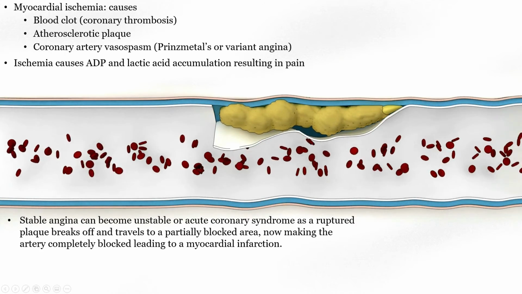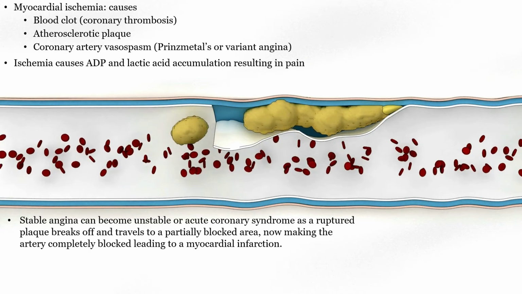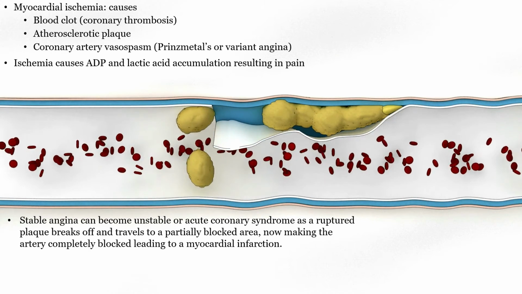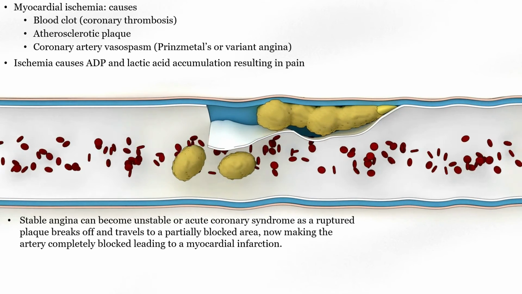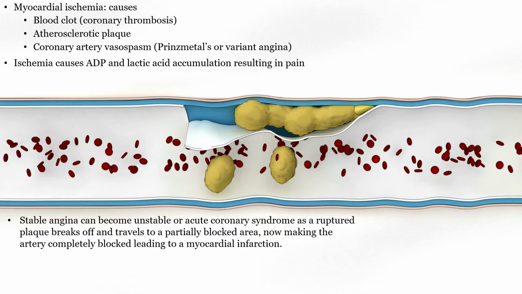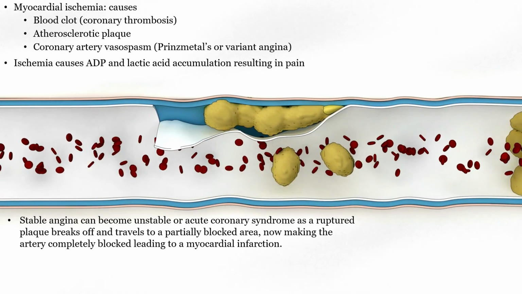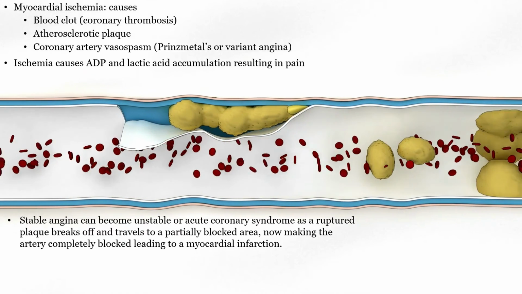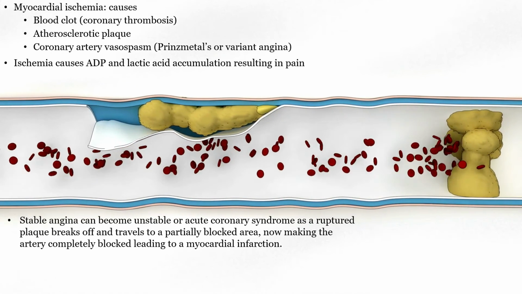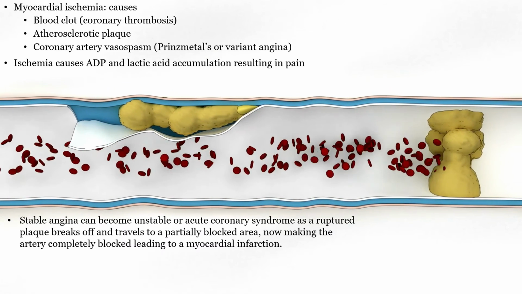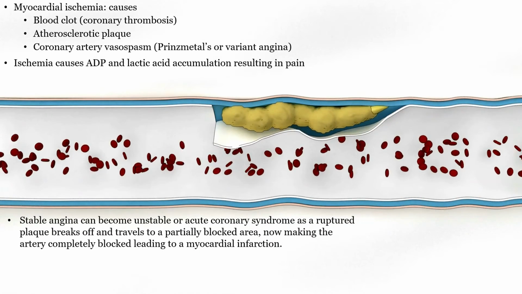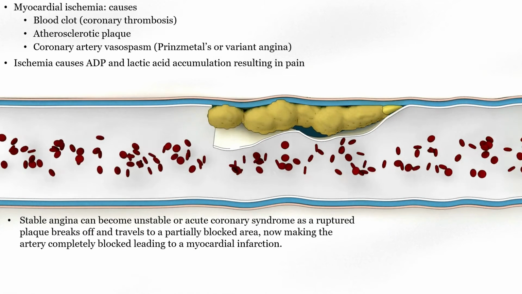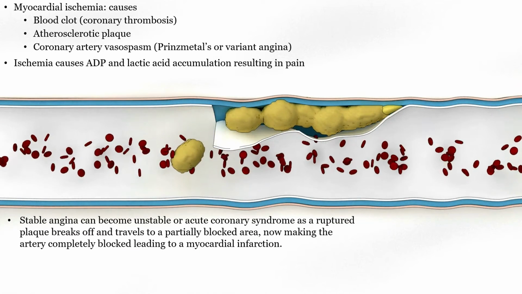Stable angina can become unstable or acute coronary syndrome as a ruptured plaque breaks off and travels to a partially blocked area, now making the artery completely blocked, leading to a myocardial infarction. An MI is an infarction, so the ischemia is prolonged, and now there is damage to the heart muscle. We can only tell the difference between angina and an MI by a troponin test, as the EKG looks similar.